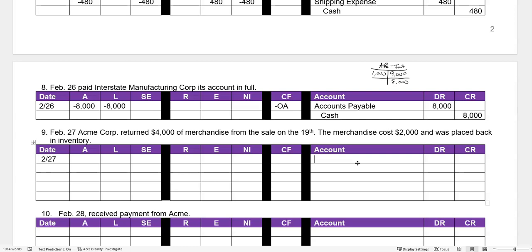Go back and look. Remember we debited sales returns. We didn't want to hit the revenue, but we did need to reverse the revenue. So we created this contra account to hit that. So sales returns will be impacted for 4,000. Now, when we impact sales returns, they no longer have to pay us for those goods. So we're going to reduce the amount this company owes us, 4,000.